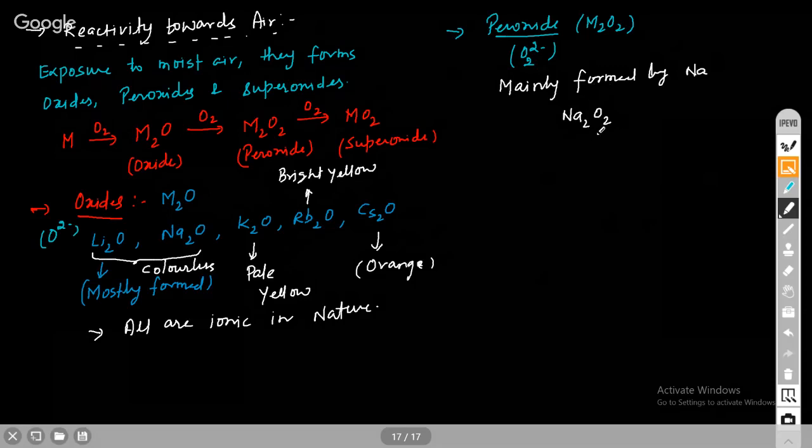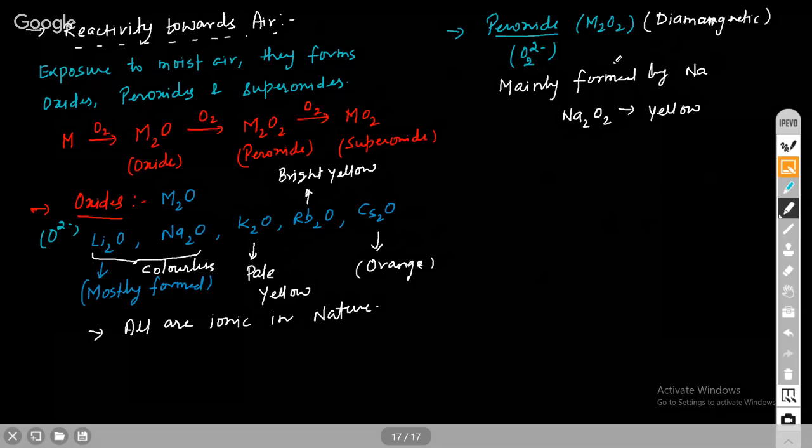Okay, and this is yellow in color. These are also diamagnetic in nature. Important point it is.